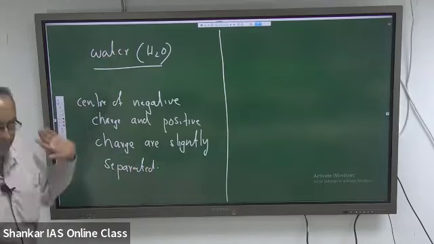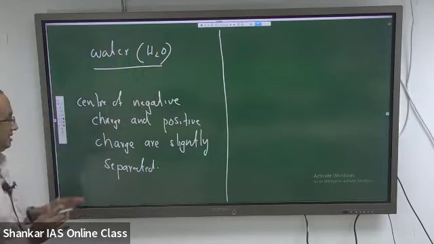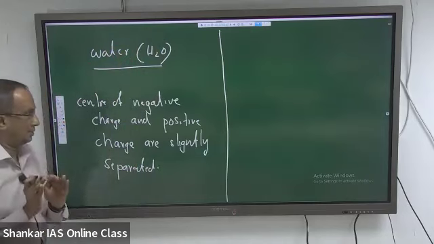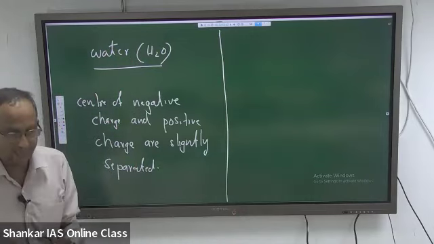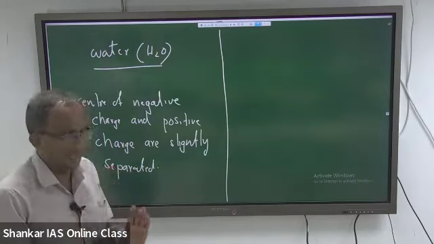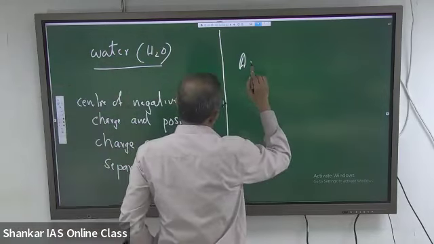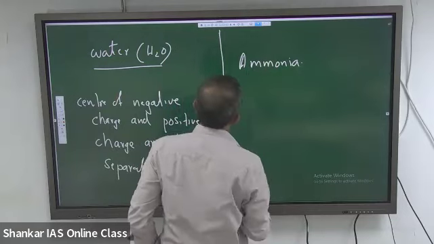See, on the hydrogen side we have positive, on the oxygen side we have negative charge. There is a slight distance between this negative charge and positive. So water possesses electric dipole moment. So we can consider water as an electric dipole. Another example is ammonia. Ammonia also possesses electric dipole moment.